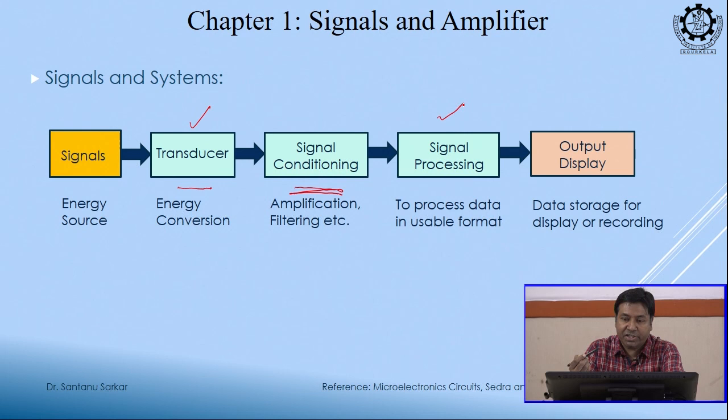After that comes the necessary signal processing, to process the data in some usable format and then put it to an output device. It can be display, or storage, for recording or for keeping the data for future analysis. So, this is broadly our signal chain.